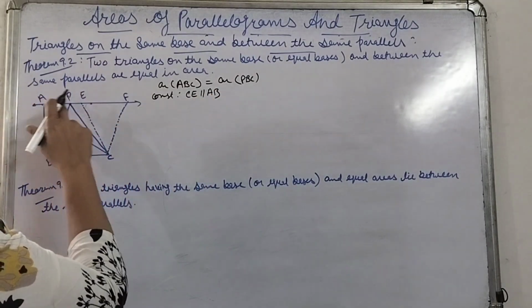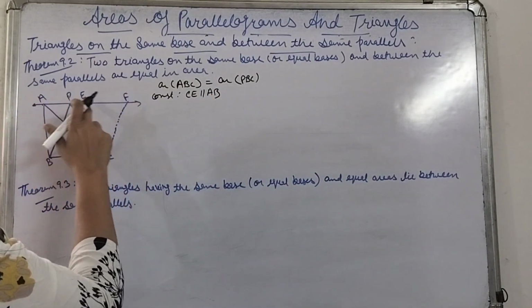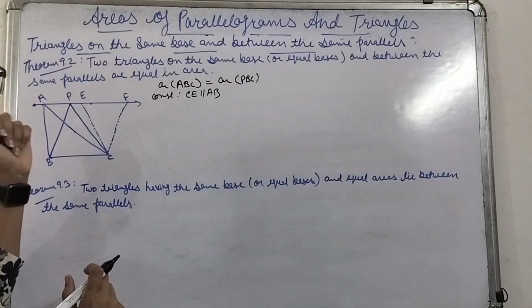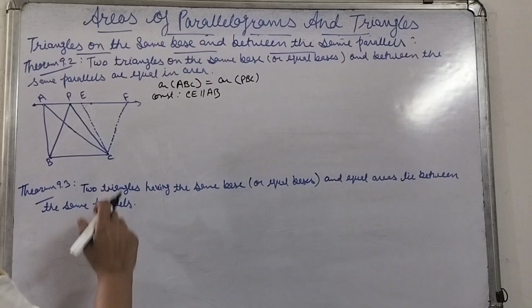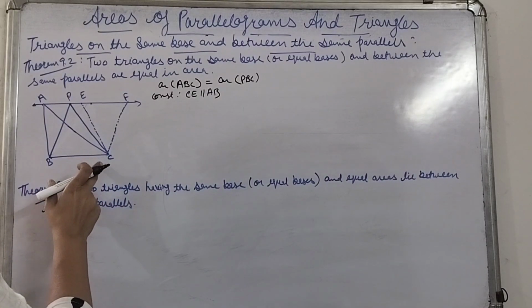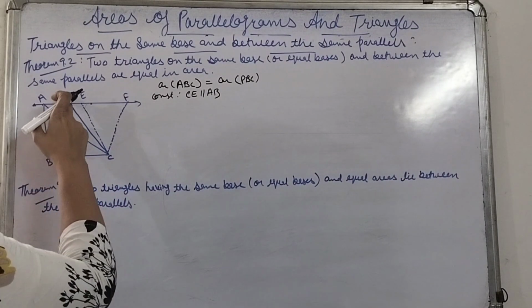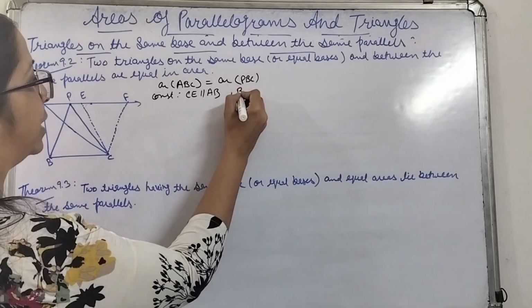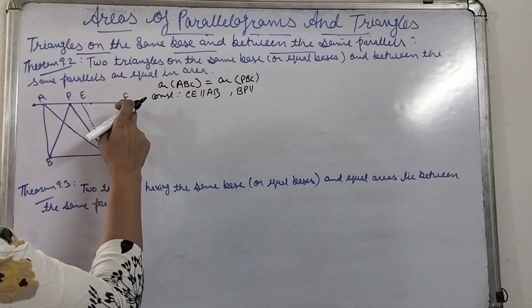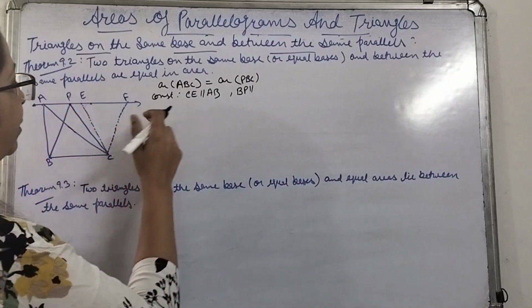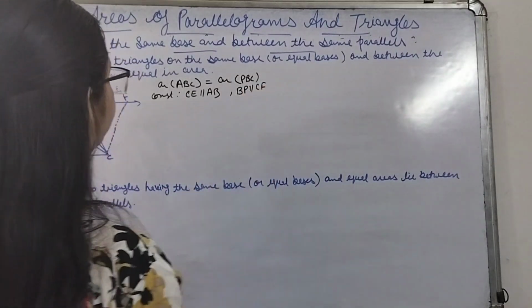This line CE is going to intersect the line AF at this point, and this point will be your E. Similarly, from the point C, we will make a line parallel to BP, which is going to intersect this line at point F. So BP will be parallel to CF.